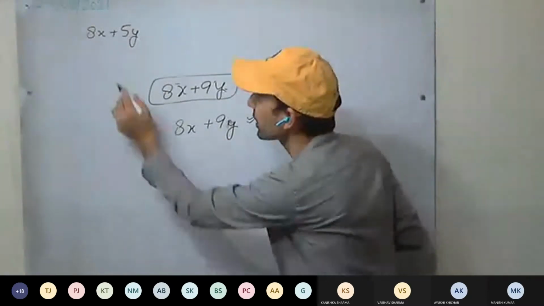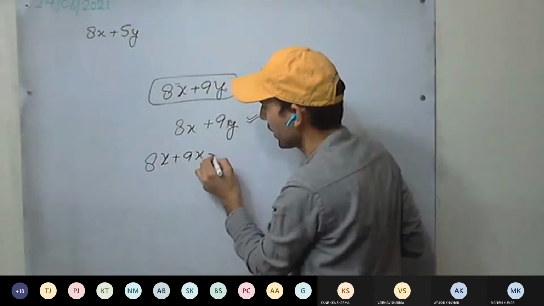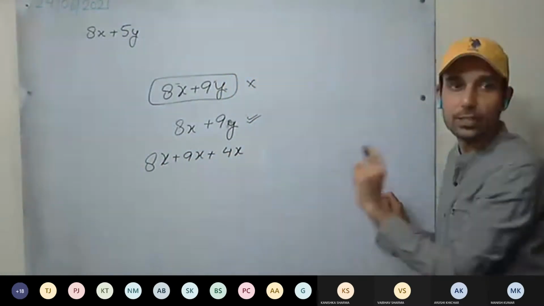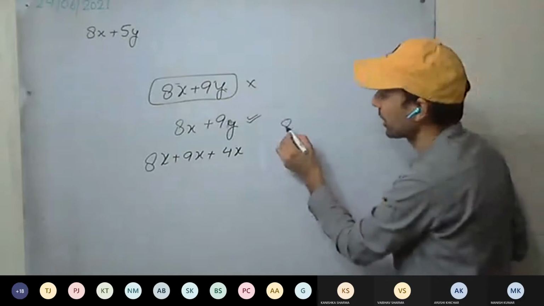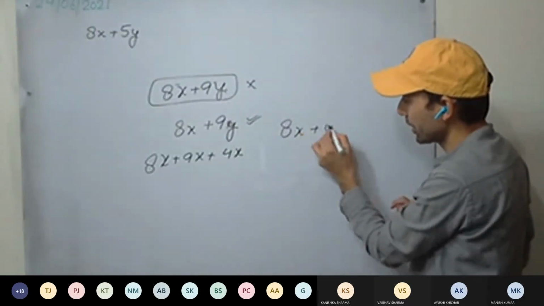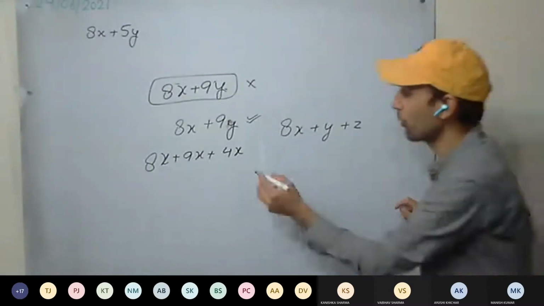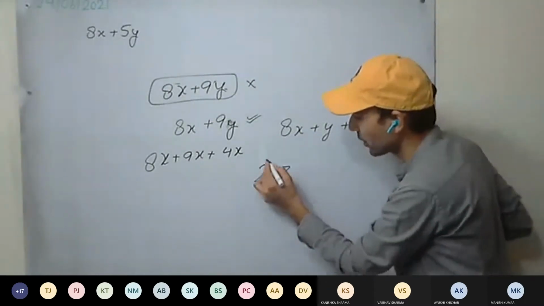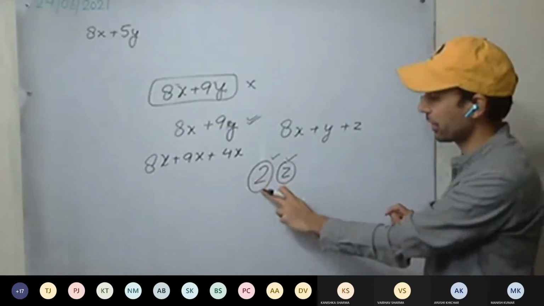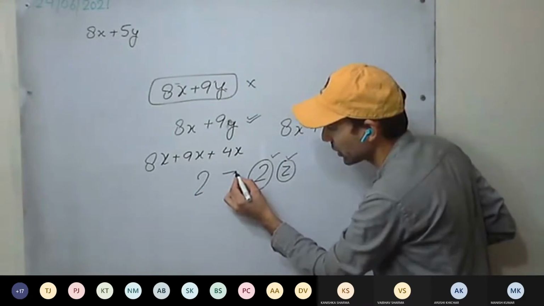So change your method. Many students write 8x plus 9y like this. Now onwards, write 8x with the variables a little bit smaller, plus z. Between z and 2, write with care. 2 has a curve, z has a sharp edge.